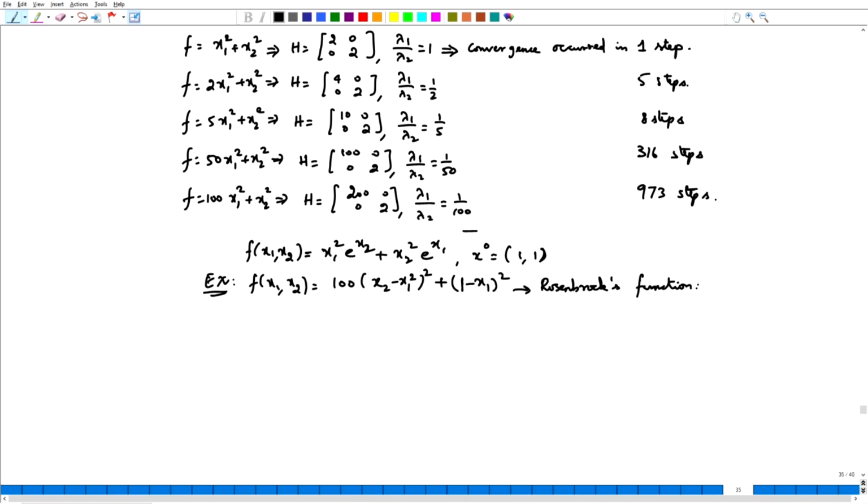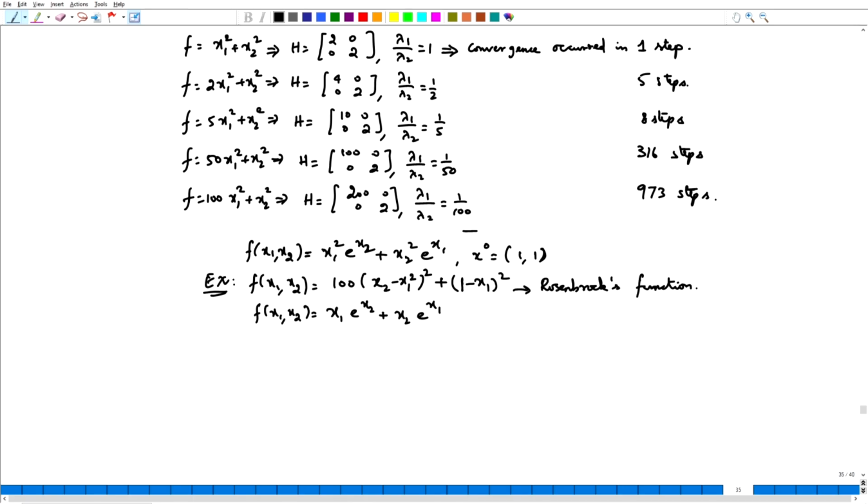And you can also check for this function, x1 e power x2 plus x2 e power x1. Not much of a change, you just have x1 and x2 instead of x1 squared and x2 squared, but you can see that this is not a problem for which you know the answer straight away.